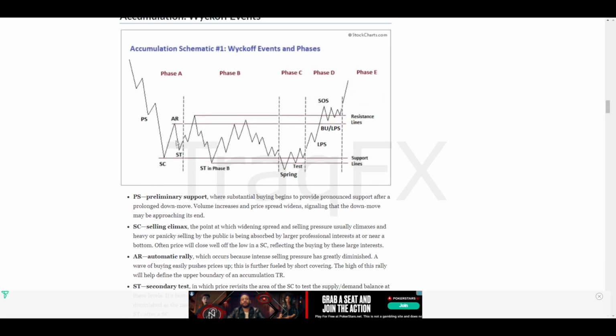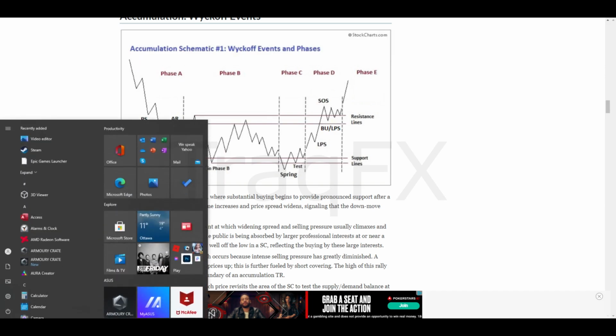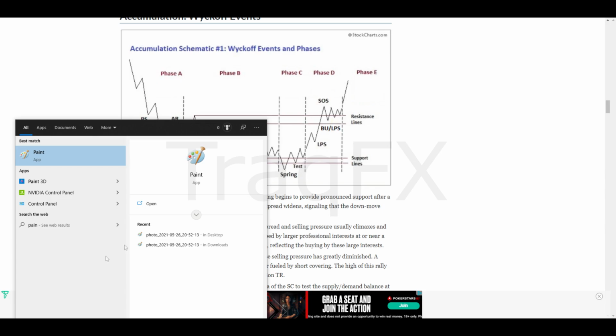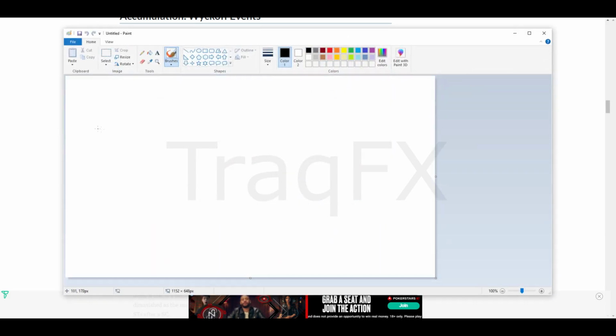Now a secondary test is basically the market coming back down to pick up any orders at the selling climax. So you know how we have order blocks and institutional candles and demand zones? Let me open this up in Paint and let me explain this in a really simple way. You have your markdown and then you have this push up.